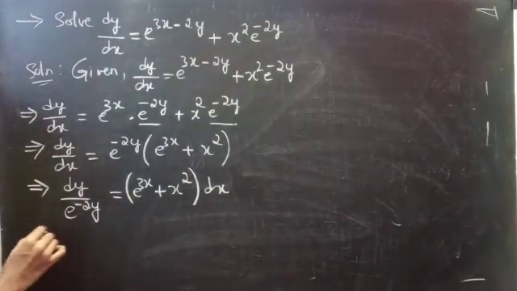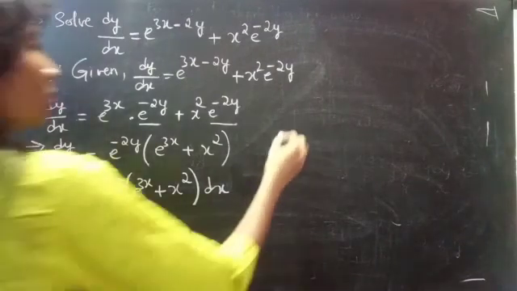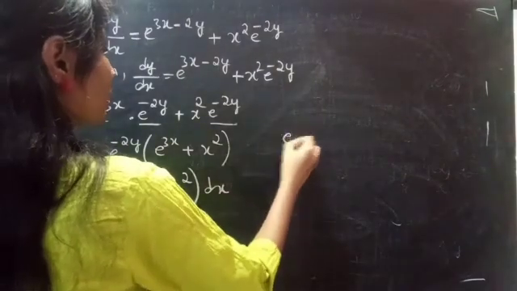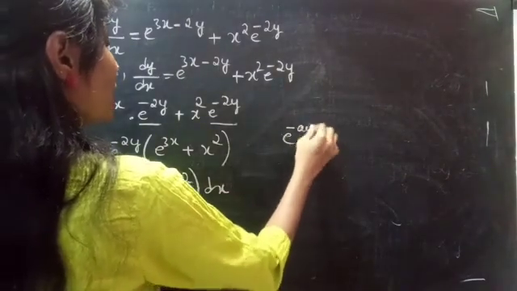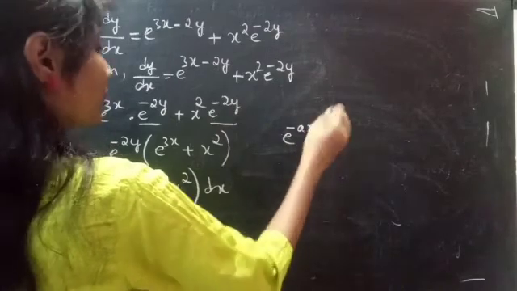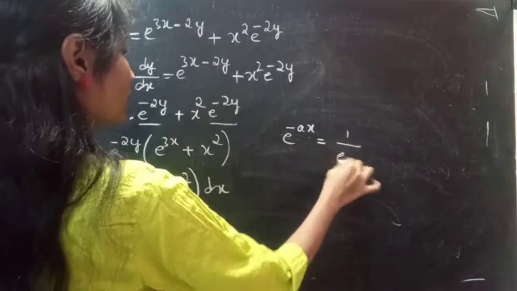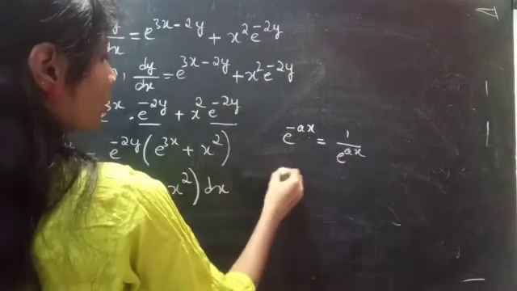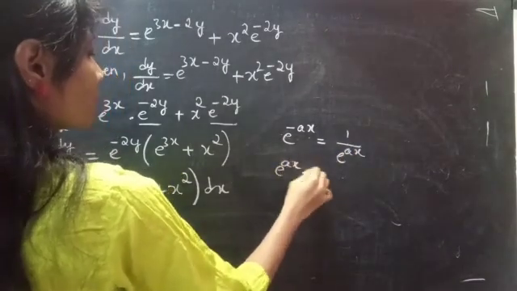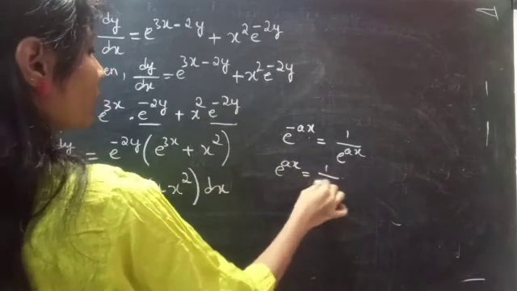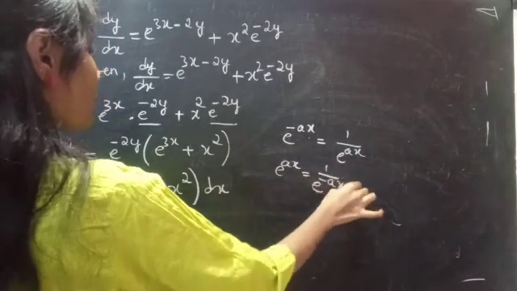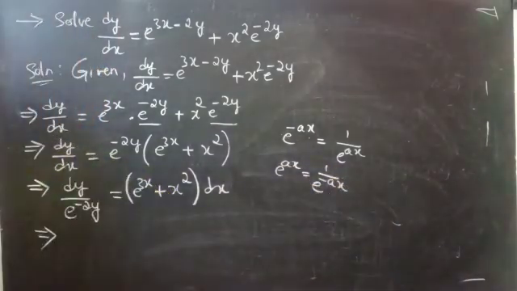So we know that e power minus ax can be written as 1 by e power ax, or e power ax equals 1 by e power minus ax.